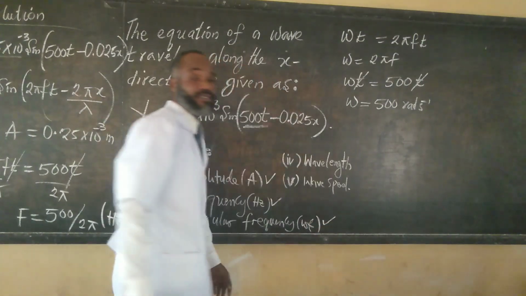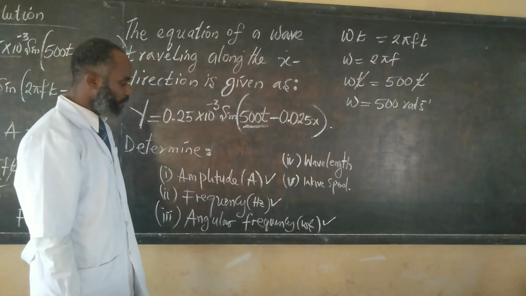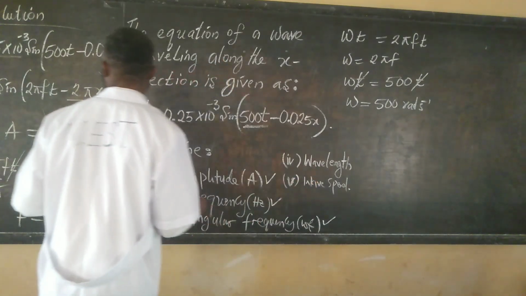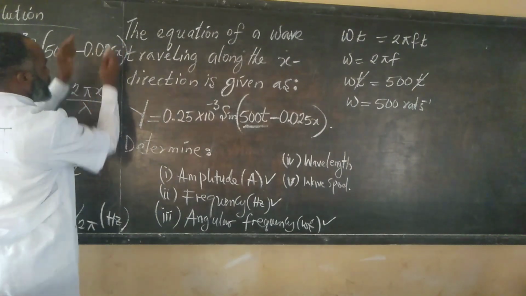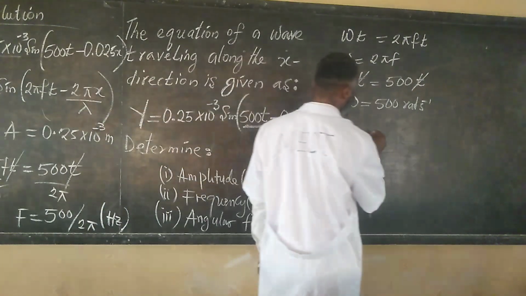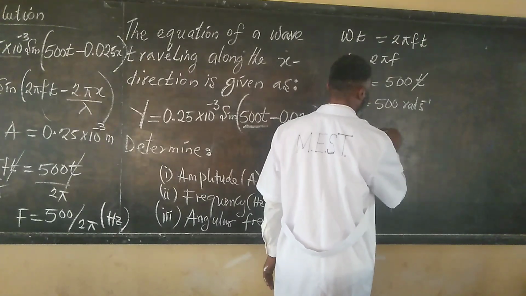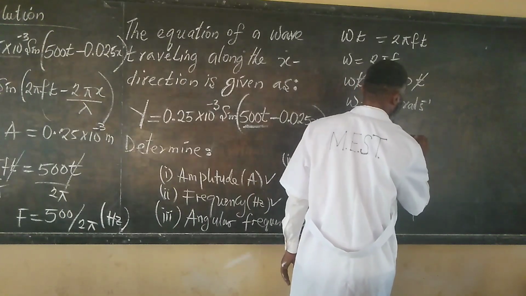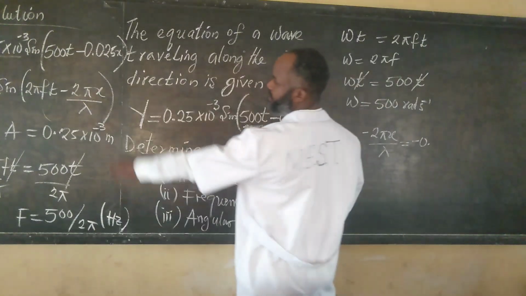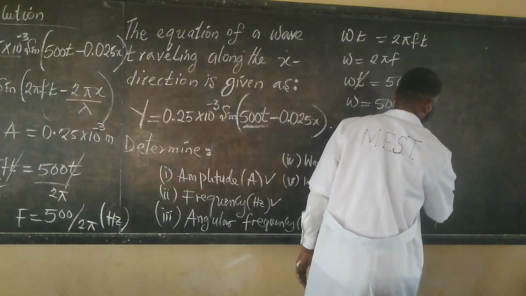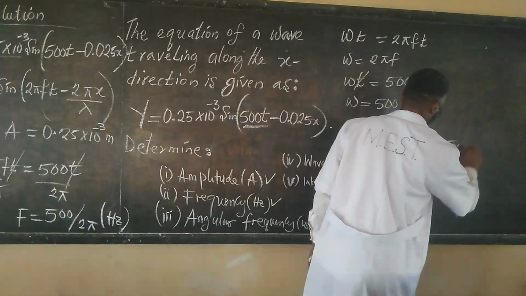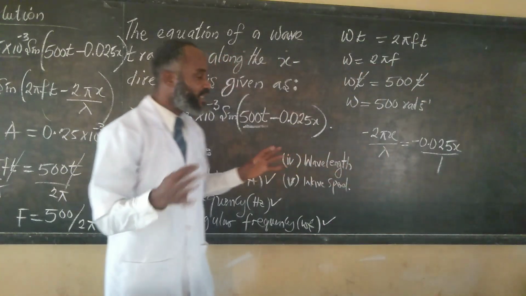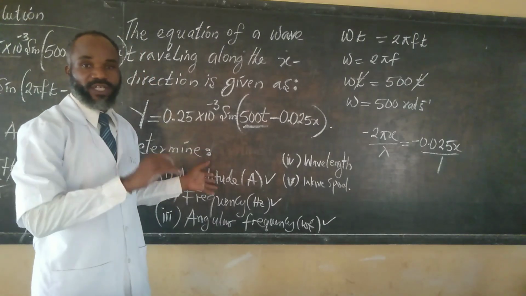The next one we're going to look for is wavelength. We compare this side with this side, and first of all we pull out minus 2 pi x over wavelength is equal to minus 0.025x, all over 1. It is all over 1 because to balance both sides fractionally, we fractionize both sides.